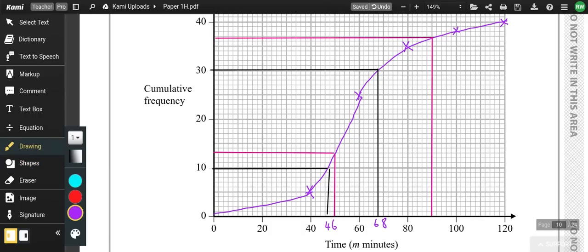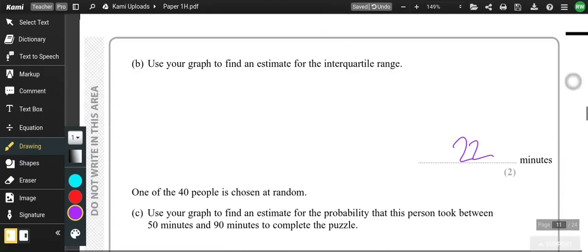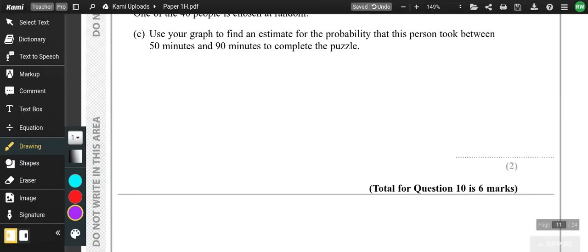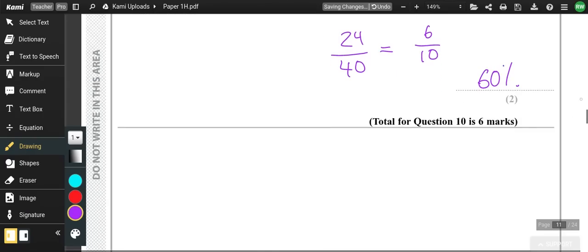So if we read off these values here, we've got 13 and 37. So we subtract those and we get 24 out of 40 people did their crossword between those. So the probability is 24 out of 40, which is equal to, if we divide by 4s, we get 6/10. So 60% is a probability, or 0.6 or 6/10.